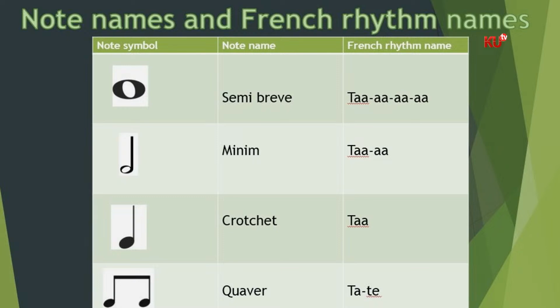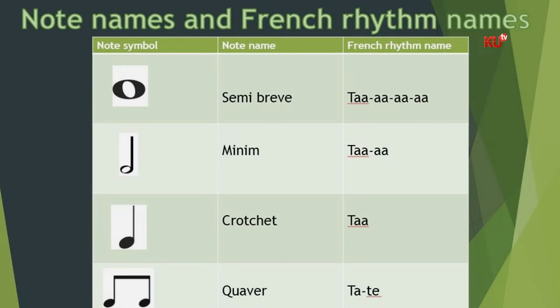So we have for the semi-breve, ta, a, a, a. For the minim, ta, a. For the crotchet, ta. For the quaver, tate.